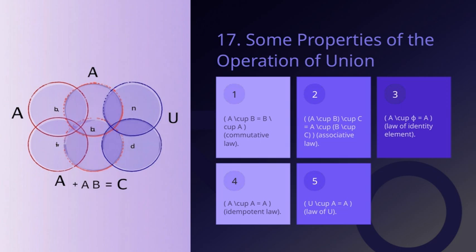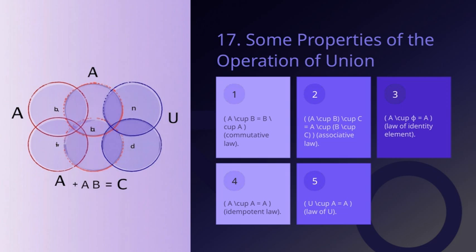Moving on, the associative law tells us that whether we unite A with B first and then with C, or unite B with C first and then with A, the result remains the same. This property is crucial because it allows us to regroup unions without changing the outcome. The idempotent law states that A union with itself is just A, so combining a set with itself doesn't add anything new.